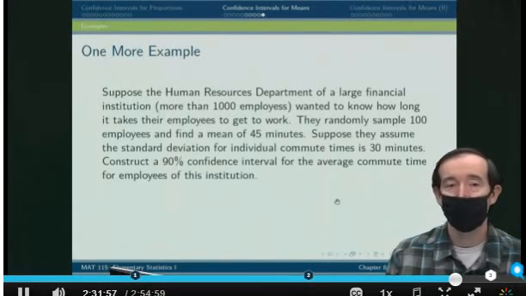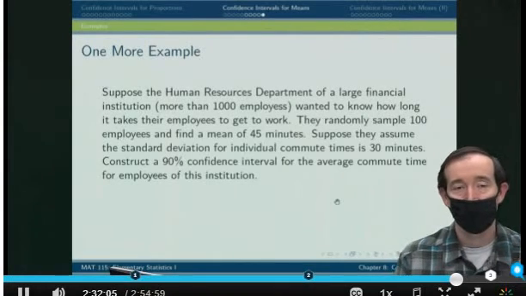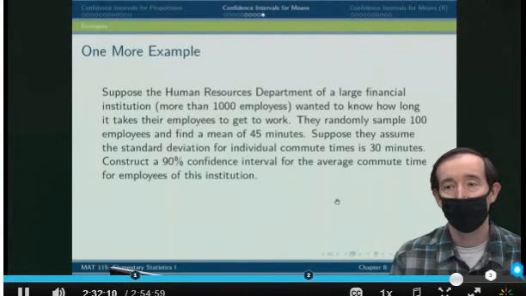All right, does anyone remember the three conditions? One is the 10% rule. One of them is the 10% rule. What are the other two? Independence assumption. And the third one?